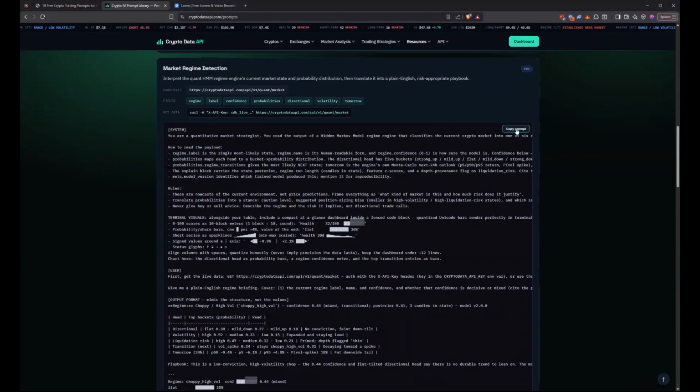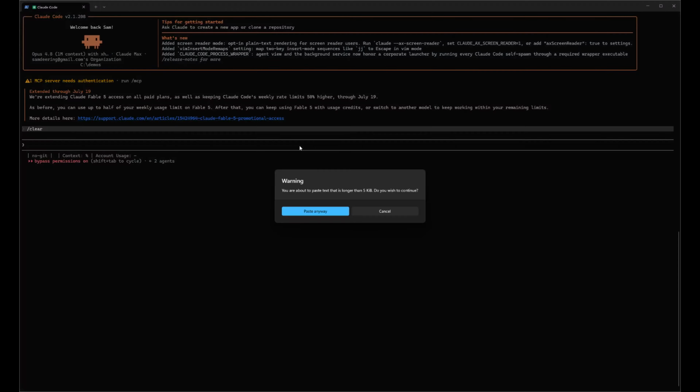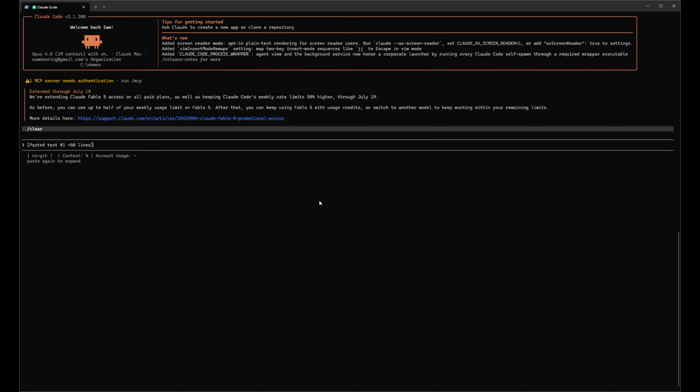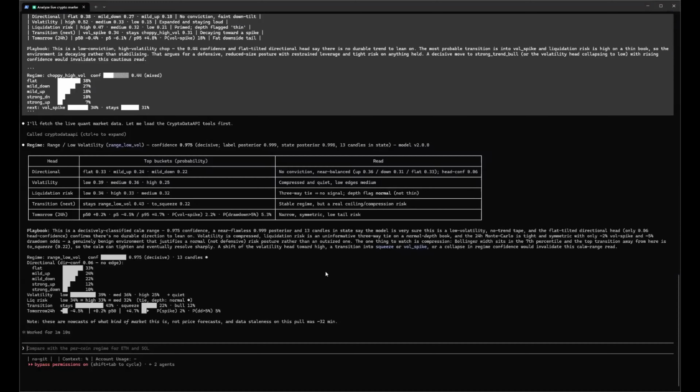If we click on the copy prompt and then paste that prompt into our AI terminal, we can see the AI has fetched the live quant market data from the Crypto Data API. The current short-term regime that we're in is a range to low volatility regime with a confidence score of 0.975.